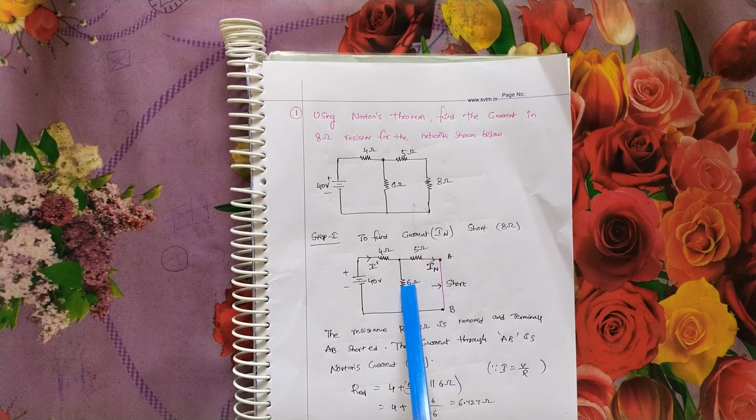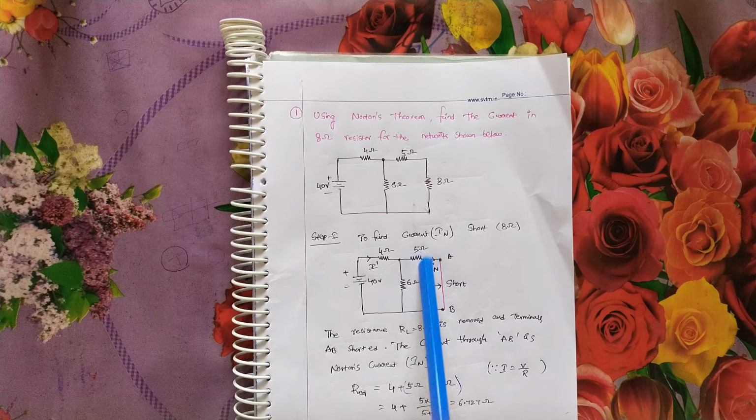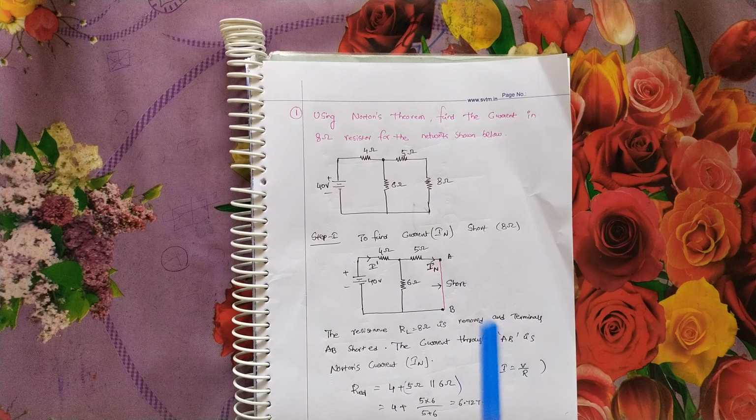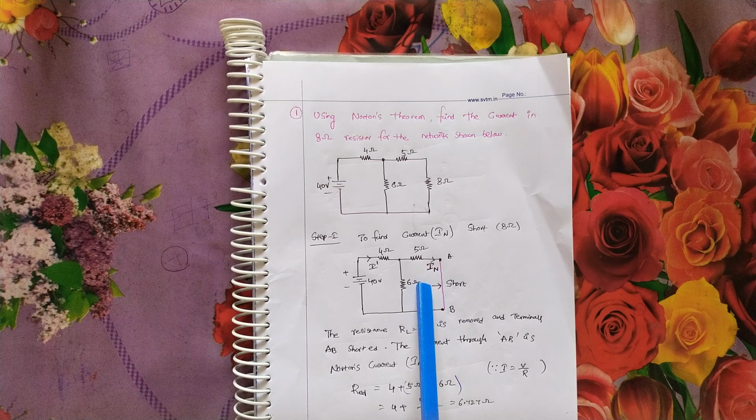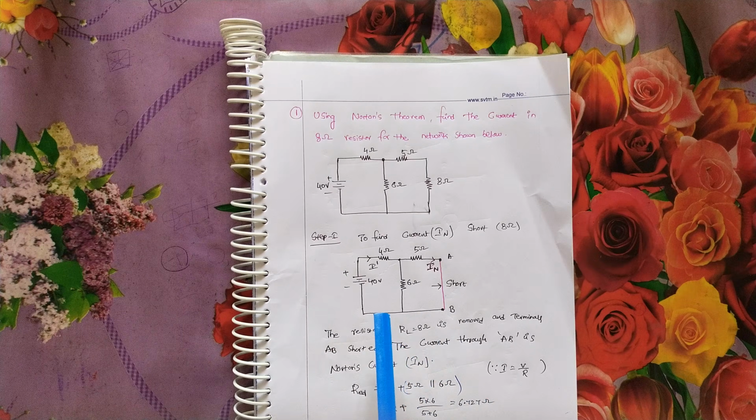What is the opposite resistance? 6 ohm, over the total resistance 5 plus 6. That is the current division rule.